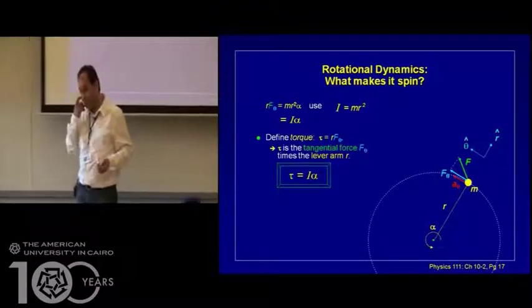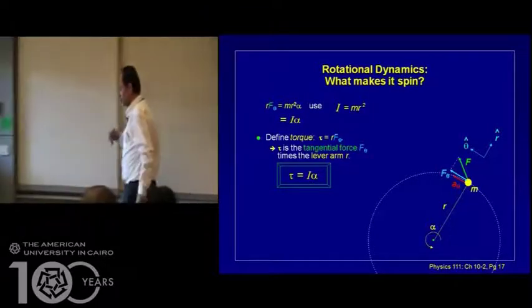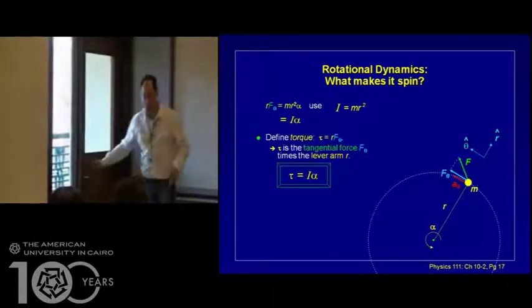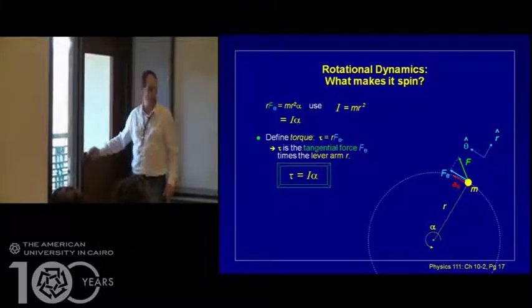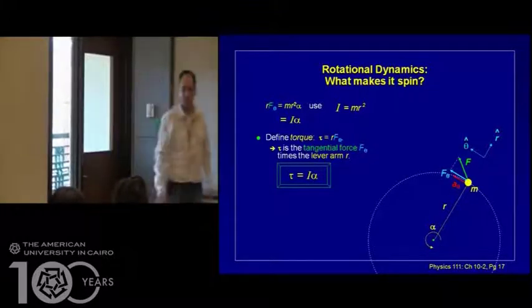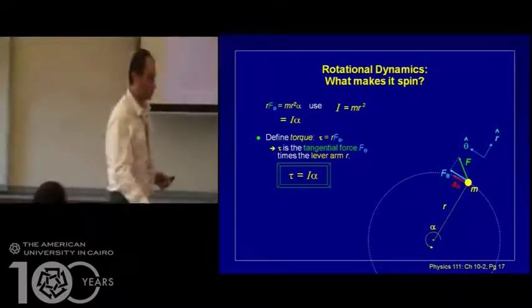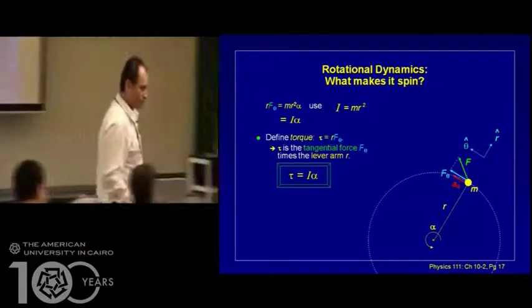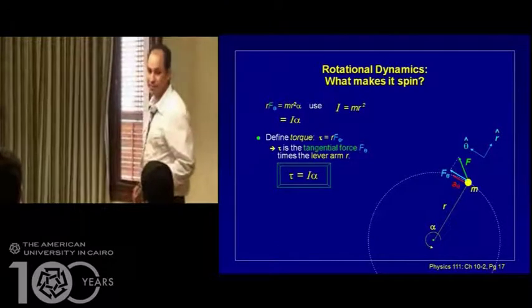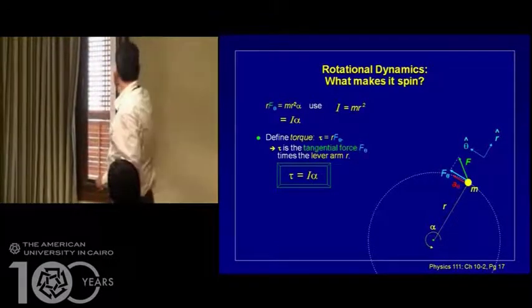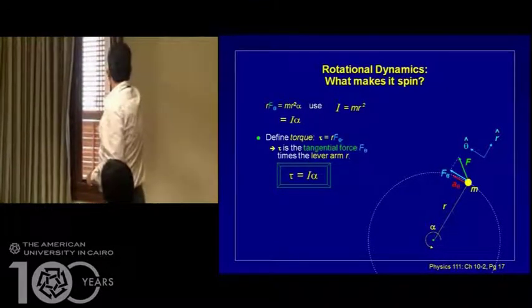Let me give you an example for this. That door, I have to go out of the classroom door. Assume that, the window. This is much easier. Look at that window. I'm going to apply force on it. And you guys tell me if it's going to rotate or not. Does it rotate?